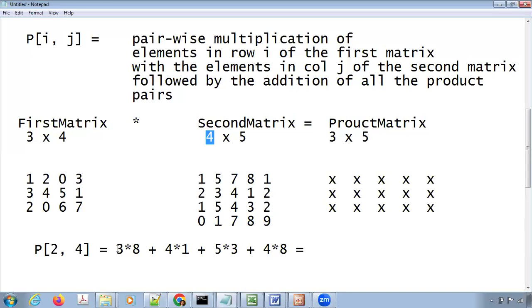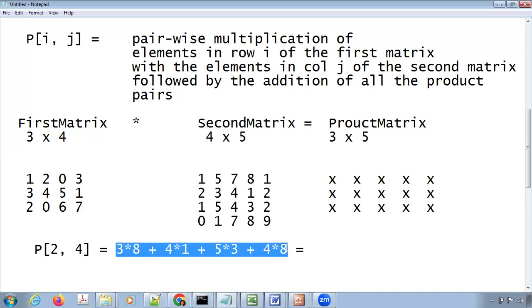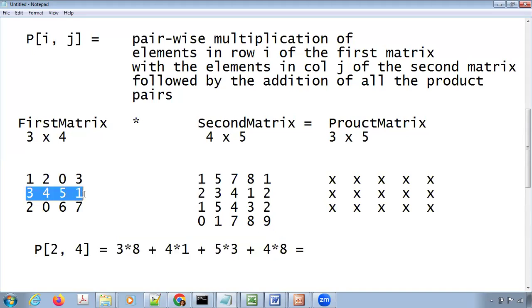So you are multiplying them pairwise because the number of columns in the first matrix equals the number of rows in the second, which means the second matrix's column vector will get such pairs, and the number of such pairs corresponds to the common dimension 4 in this case. So you have to just compute the product and add them up.